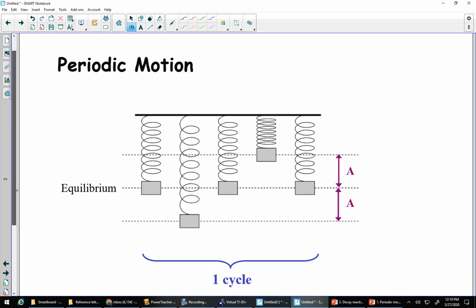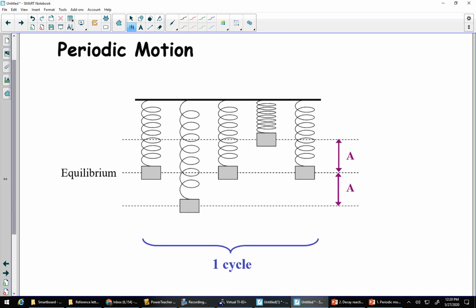Cool. So next thing to talk about here is periodic motion. Periodic motion is motion that repeats itself over and over again. And we can already start to see with this spring that would be bouncing up and down how this is going to be represented by a wave. So again, we've got our equilibrium position.